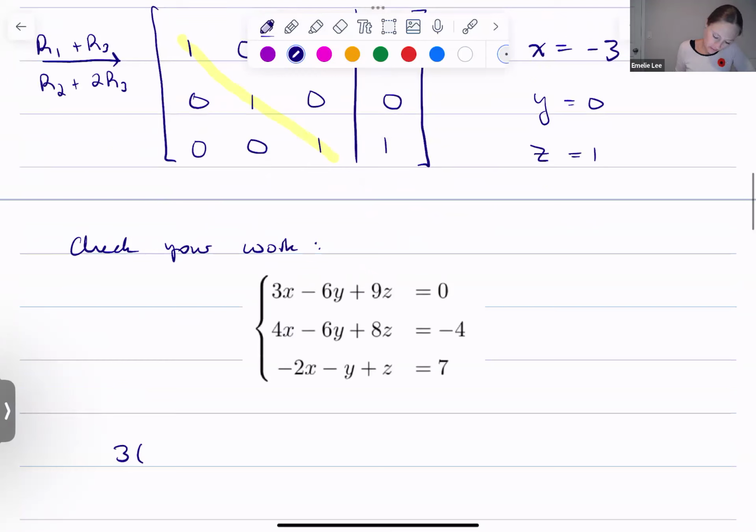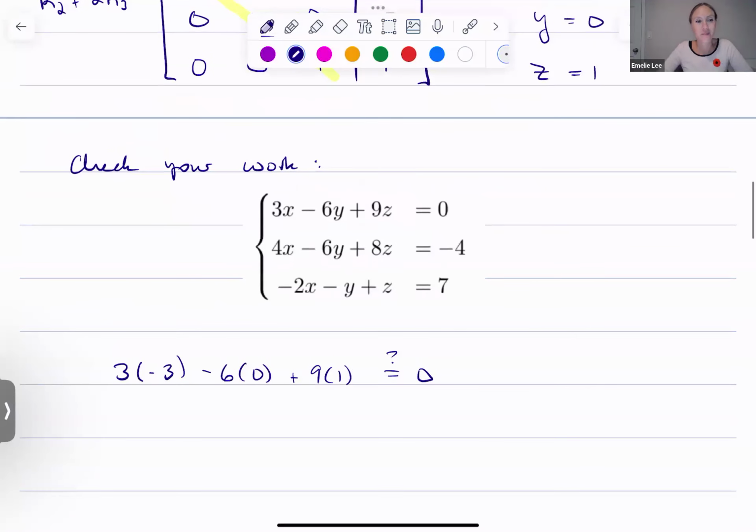Three times -3 minus 6 times 0 plus 9 times 1. Does it equal 0? It does. -3 times 3 is -9 plus 9 makes 0.